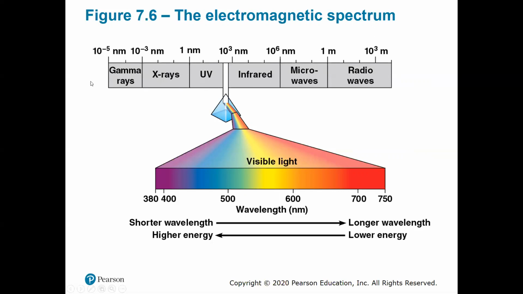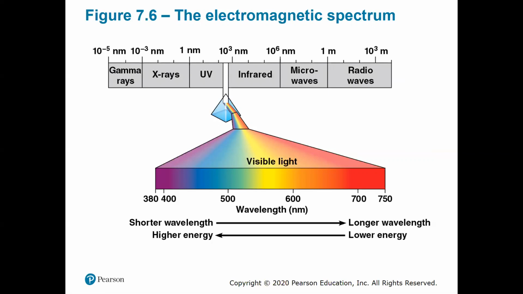And so as you travel along this spectrum, the larger the wave, like infrared to microwave to radio waves, these waves are larger in size. This is the size here. So radio waves are extremely large, which is why they can travel such large distances around the world. But their energy is not as concentrated.